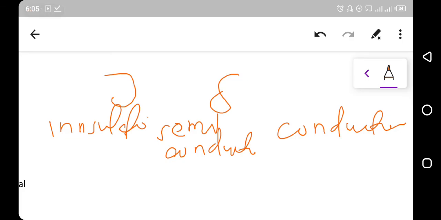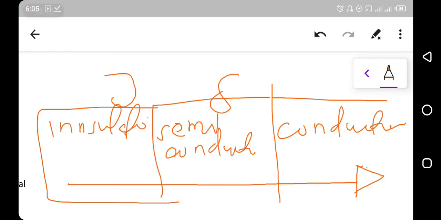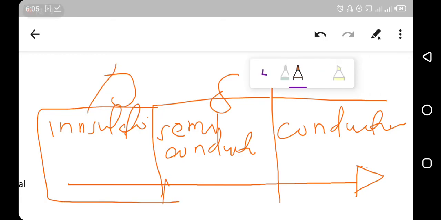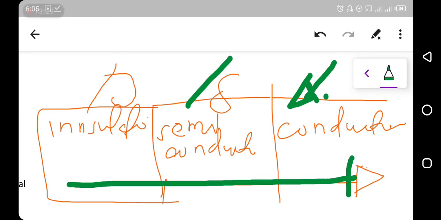So we may see that the electrical conductivity increases in this way. The insulator has low conductivity, the semiconductor has intermediate, and the conductor has high. This is the direction of electrical conductivity.